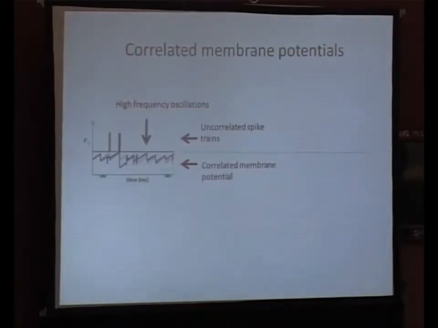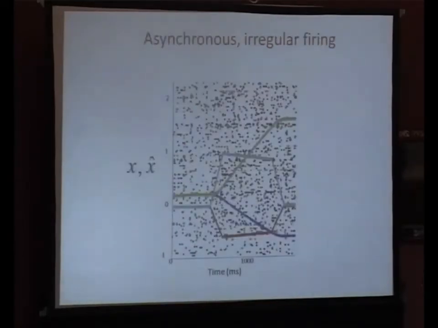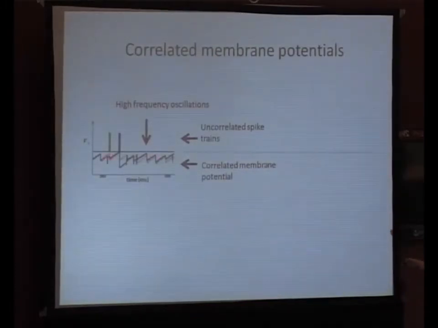What you find is that there are actually correlations in their membrane potential, all right? So in the previous example, we see all the membrane potentials are the same, while the spike trains are completely uncorrelated and unpredictable. And here it's the same story in a more realistic network. If you take two neurons with similar selectivity, similar decoding weights, their spike trains are uncorrelated, but their membrane potentials are strongly correlated.